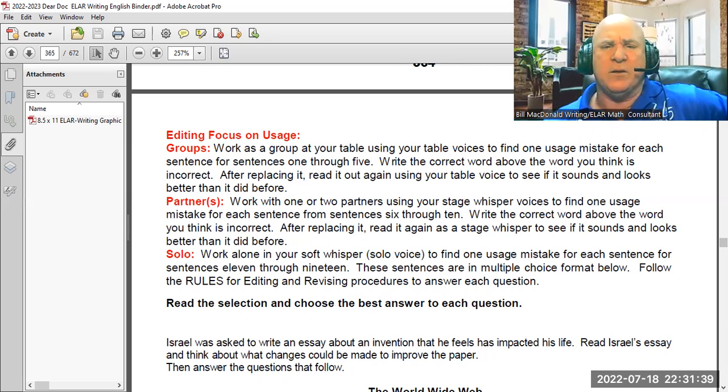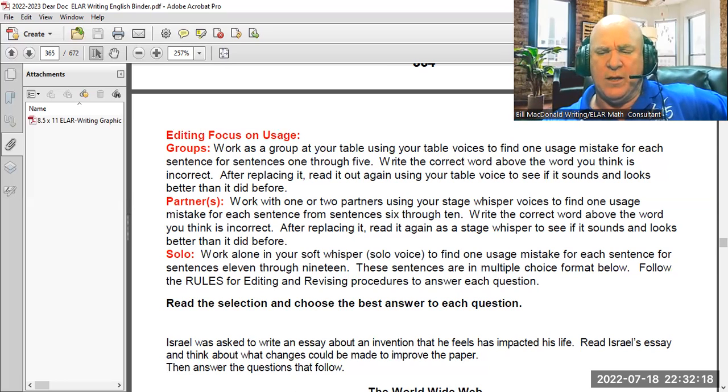But because there is nothing to eliminate in 1 through 10, it's going to be read, underline something that you think sounds or looks wrong, label it, and execute the strategy by deciding which change you're going to make, because editing with CUPS is always going to be what change should be made in sentence blank. And so these are all going to be usage problems.